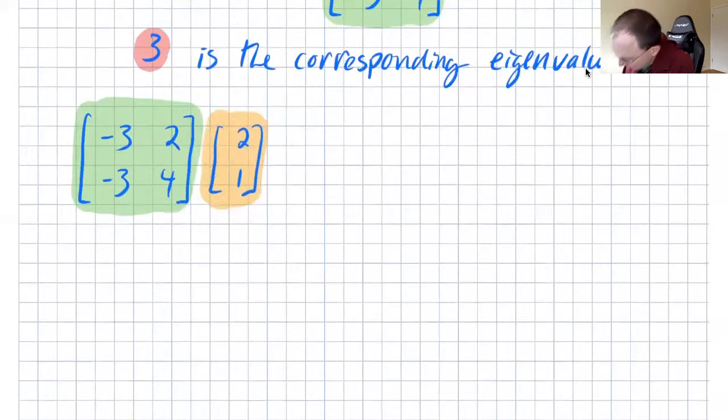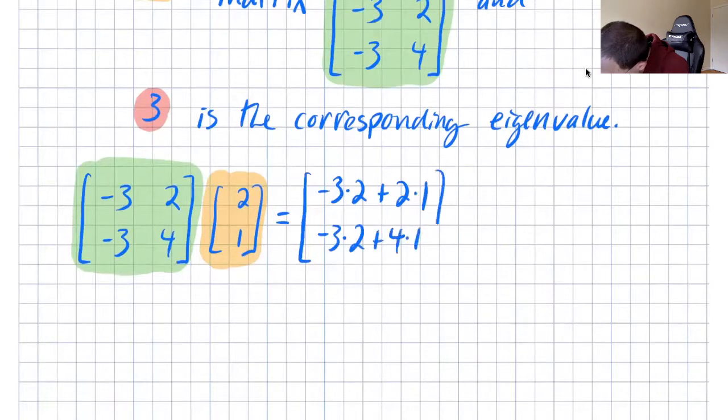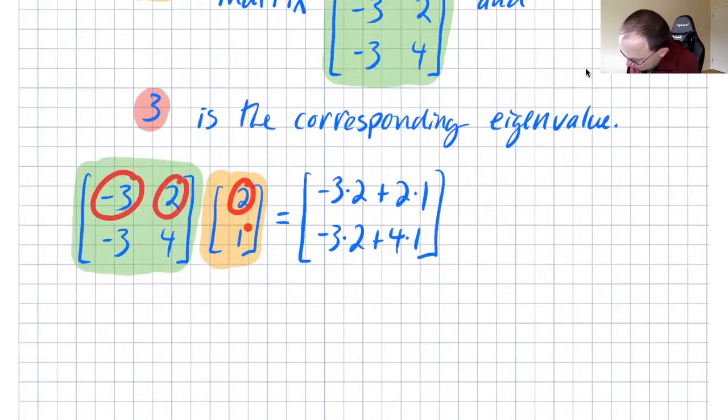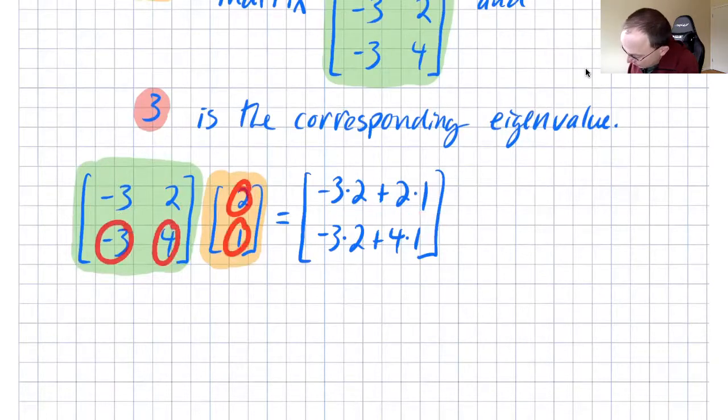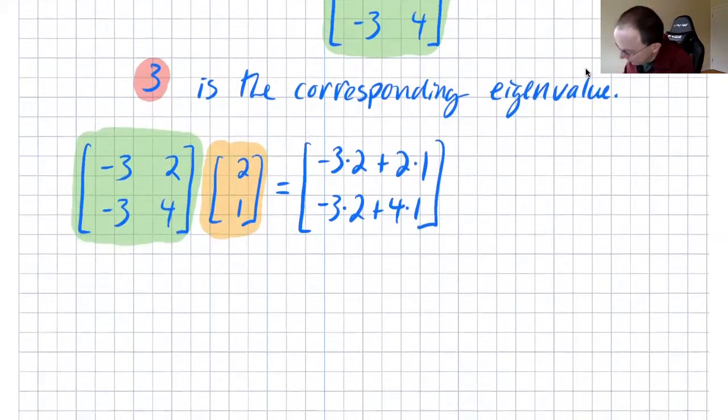Let's do the multiplication. -3 times 2 plus 2 times 1 is the first row, and then -3 times 2 plus 4 times 1 is the second row. That's how you do matrix vector multiplication.